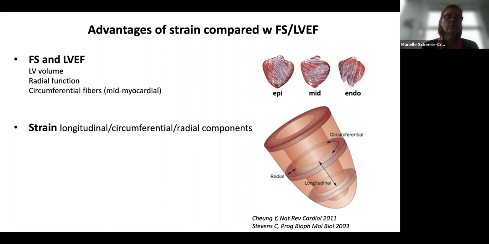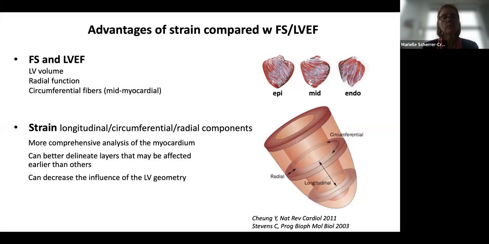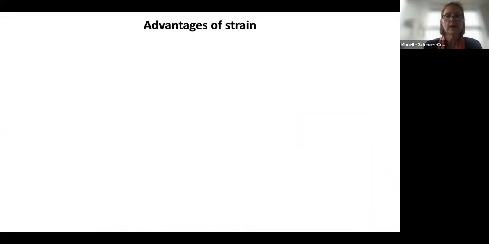So in theory, the fact that you can differentiate with strain the longitudinal, circumferential, and radial components leads to a more comprehensive analysis of the myocardium, and it can better delineate layers that may be affected earlier than others, in particular the subendocardial layer. And it can decrease the influence of LV geometry, something we won't go into. So in theory, you can detect earlier changes than with LVEF.